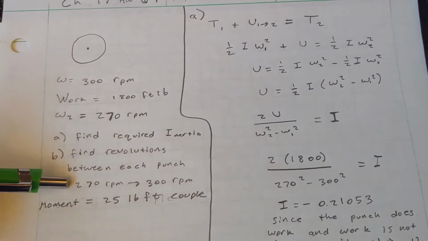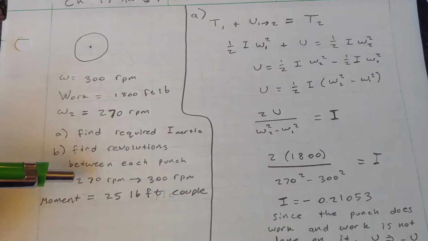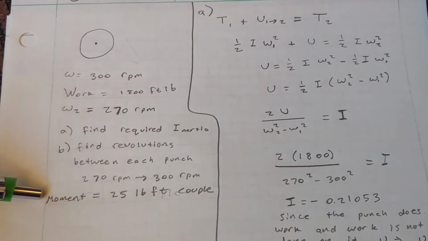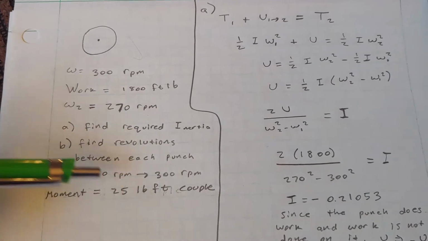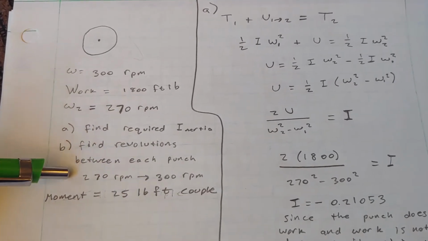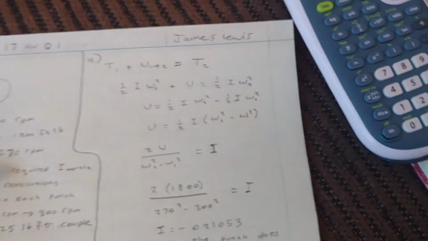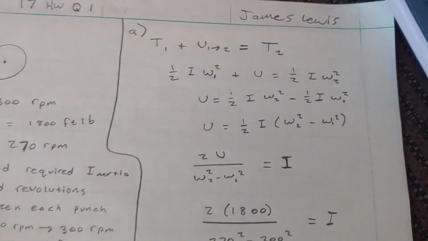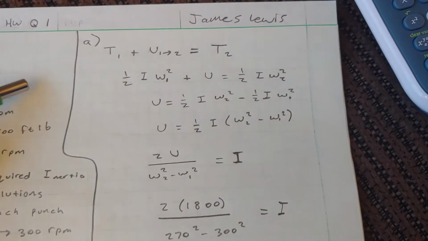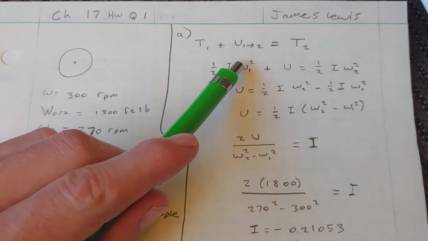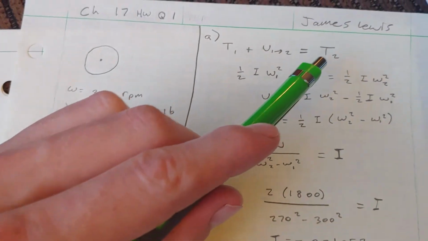That is with our starting value of 270 RPM, waiting until it gets up to 300 RPM, and that's with a moment of 25 foot-pounds basically acting on it. So for the first one, we start with our equation. We have our initial kinetic energy plus our work equals our final kinetic energy.